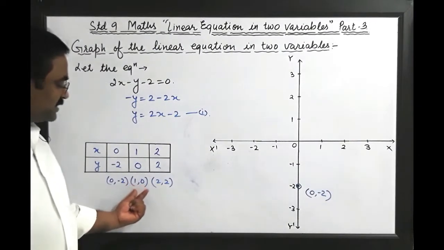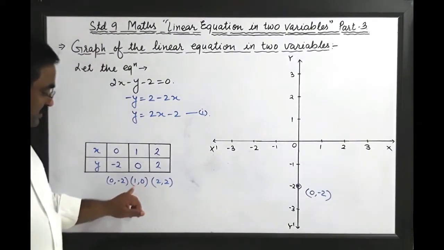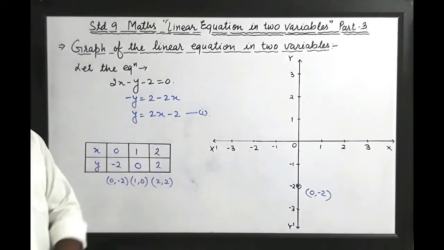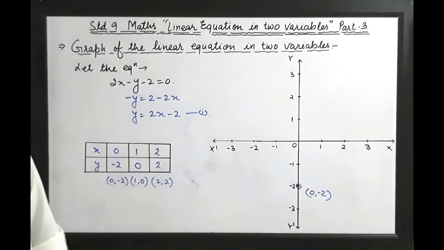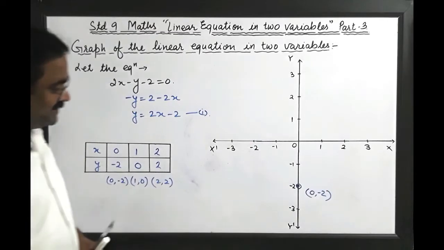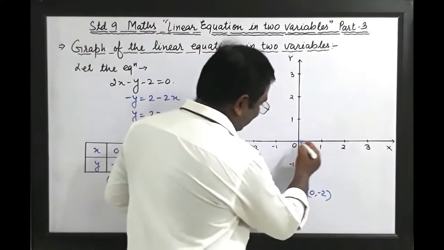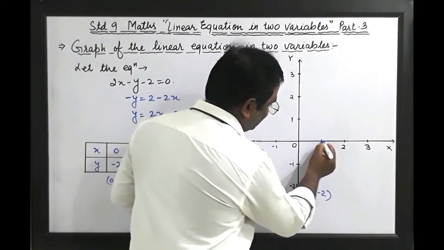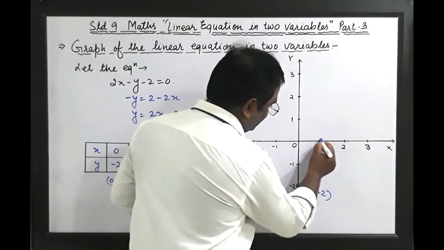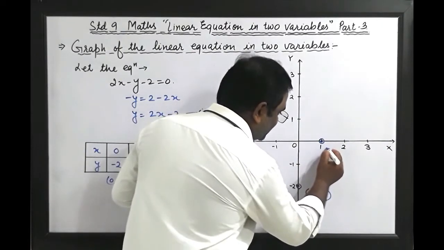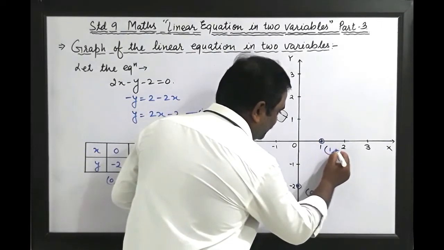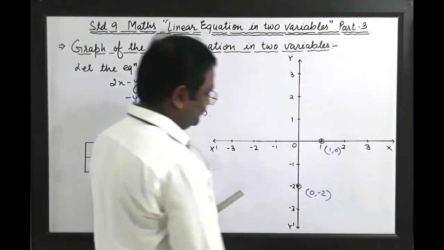Afterwards, let's plot the second point, which is (1, 0). It means 1 on the x-axis and 0 on the y-axis. So this is the point whose coordinates are (1, 0).